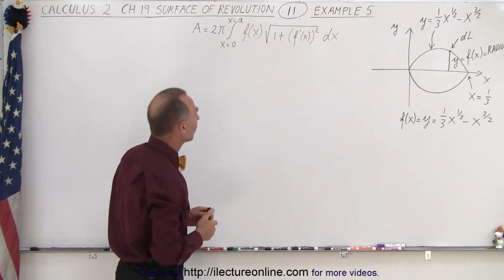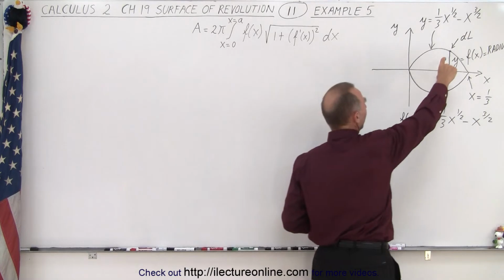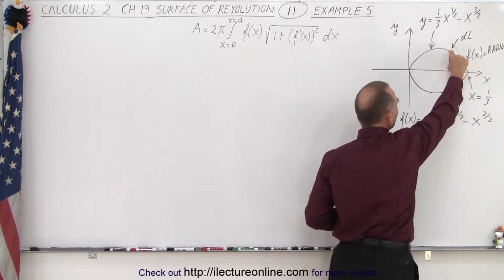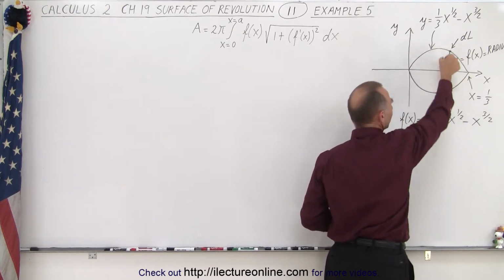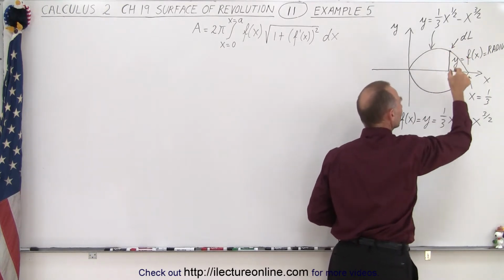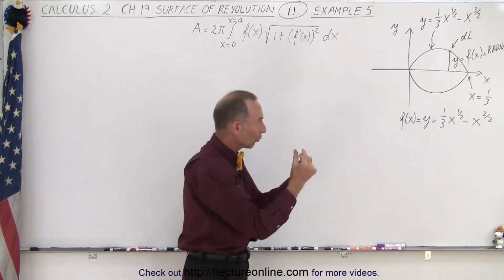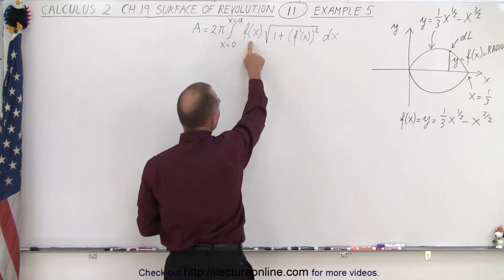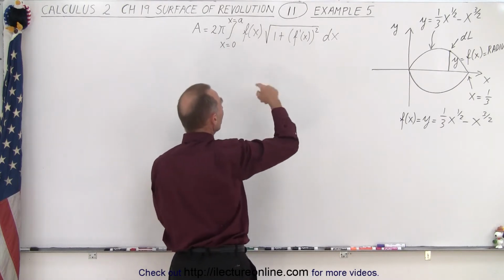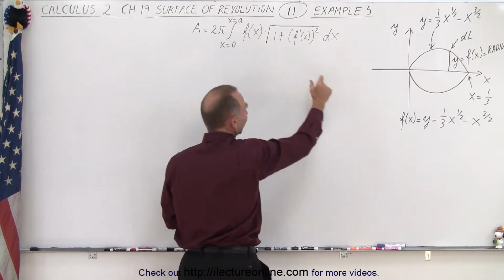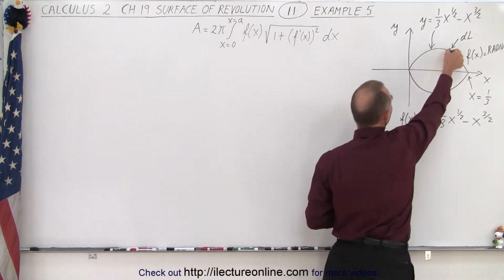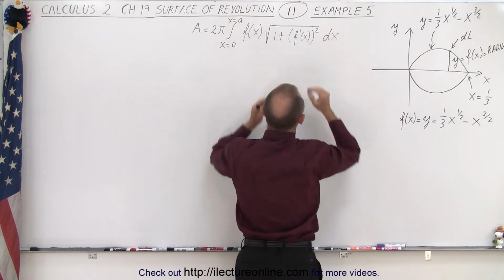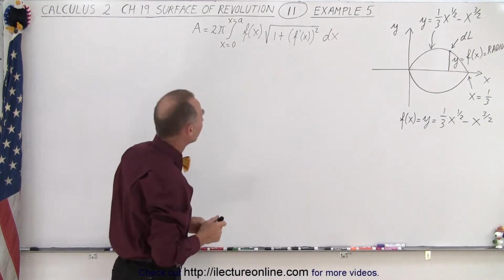All right, to do that we need to have the radius of that object, and that can be defined as y, which is f of x, which is the radius of that small little segment that's revolved around the x-axis, to give you a little dA, a little surface area dA, and that is defined right here. 2 pi times the radius, that gives you the circumference, multiplied times the length of that section, which is the length equal to dl on the surface of that shape right here, and that's defined by this portion right here in the integrand.